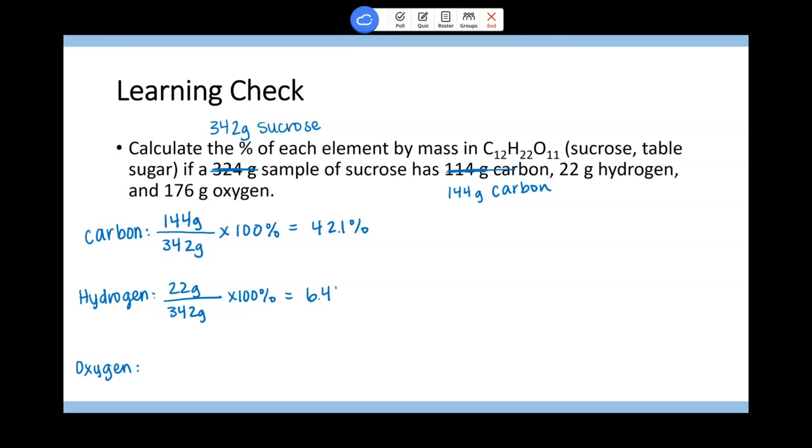We have 6.4% hydrogen. And then 176 grams of oxygen divided by total grams. So any amount of sucrose, table sugar, is 42.1% by mass carbon, 6.4% by mass hydrogen, 51.5% by mass oxygen.